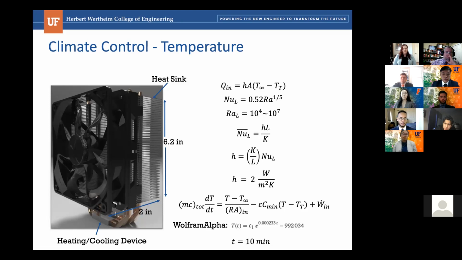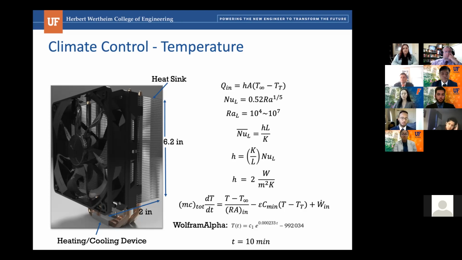And so, given the Rayleigh number, we can calculate the Nusselt number and come up with a value for the heat convective coefficient of 2 watts per meter squared Kelvin. And this is also used to find the value for the heat transfer into the system, as noted in the very first equation.